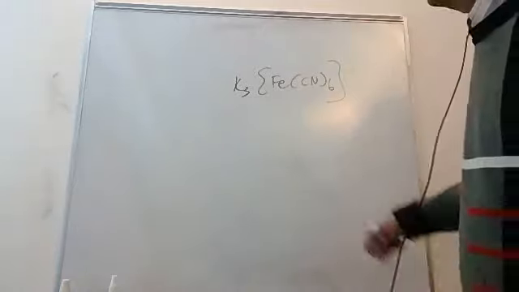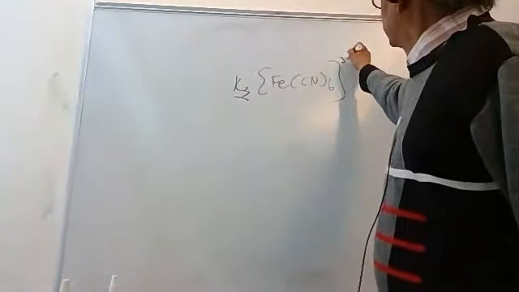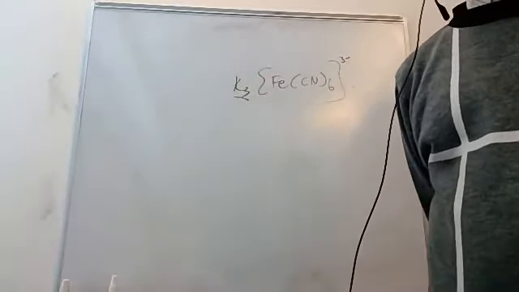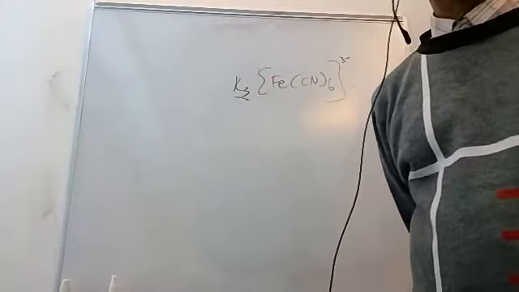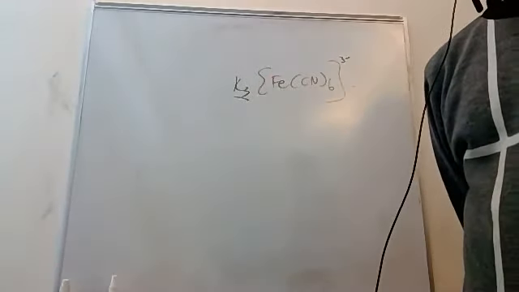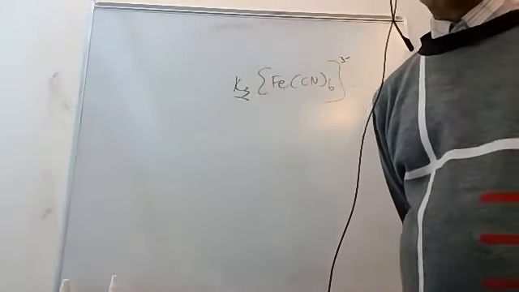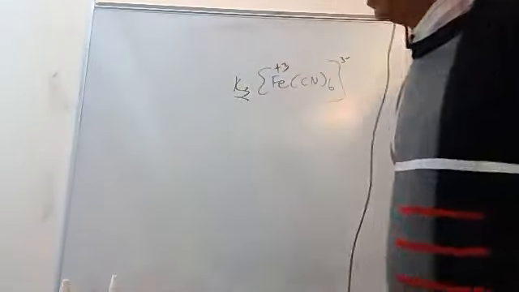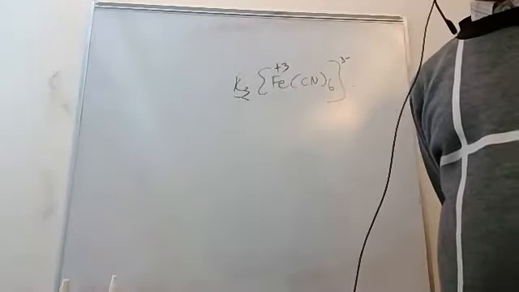You're absolutely correct, because there are 3 potassiums. So that should be -3. If that is -3, what should be the oxidation state of iron? +3. You're absolutely correct. So what should be the name of the complex then?